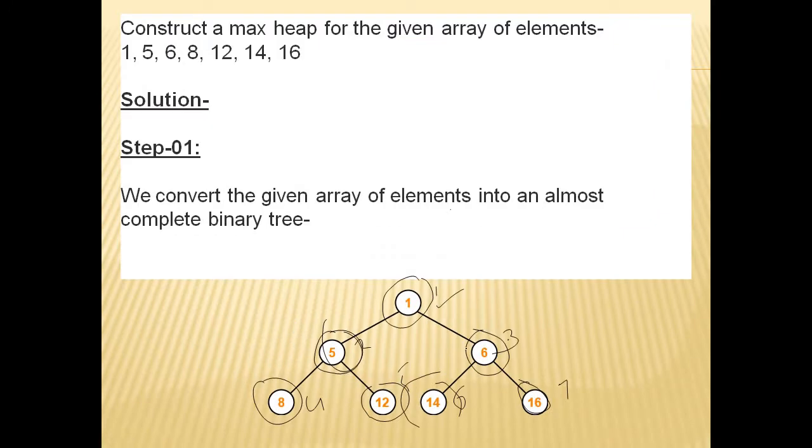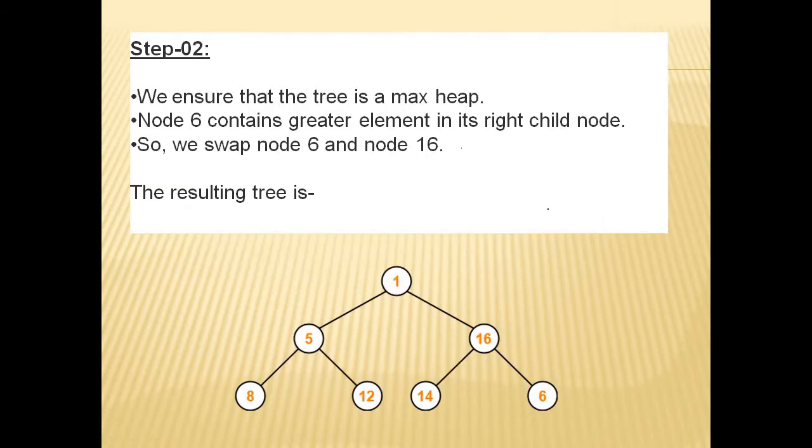We need to swap these two. That is the first thing we need to do. In the given binary tree, I need to find the highest element, and that element will be replaced with its root. So 6 will be replaced with 16. It happened here. Now when you observe this part, it has the max heap property.